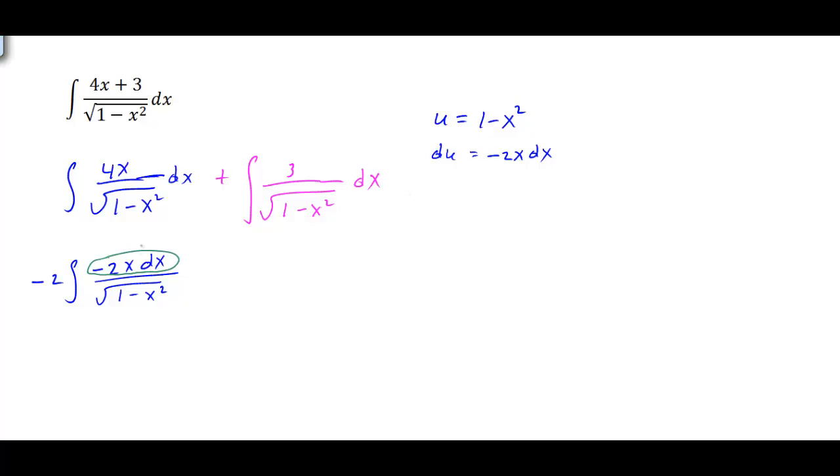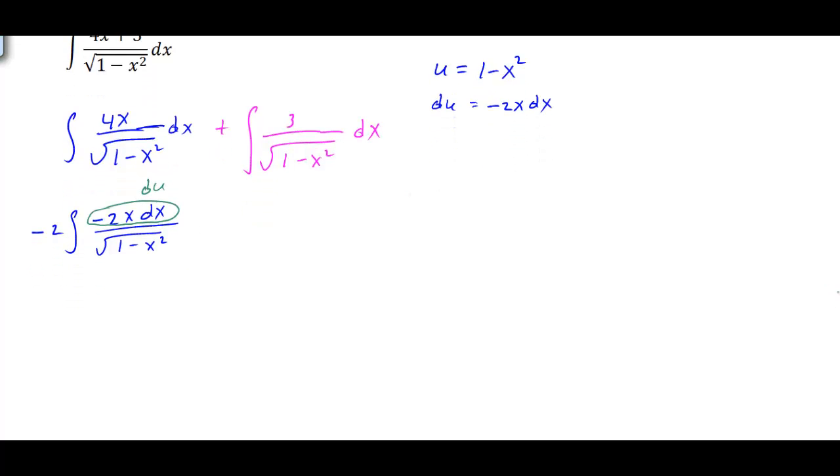Negative 2x dx is du over the square root of 1 minus x squared, so that's over the square root of u. So really what we have here is negative 2 the integral of du over the square root of u. And if we rewrite this, we'd have negative 2 the integral of u to the negative 1/2 du.